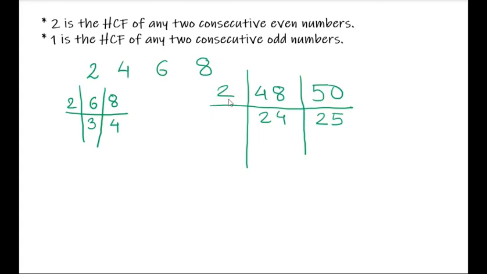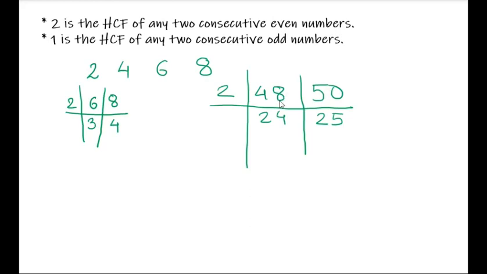Got it? So always remember, when you have 2 consecutive even numbers as a question to find HCF, then their HCF will be 2, because they come after each other and they are even numbers, and even numbers are mostly divisible by 2.